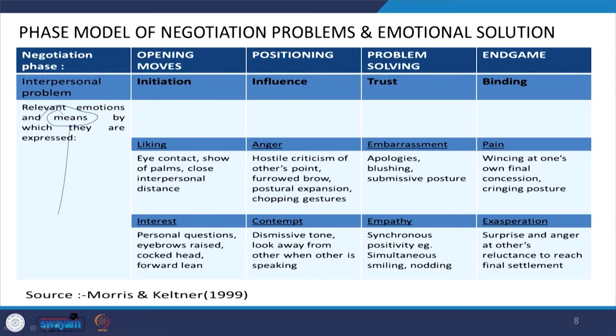But if you have hostile criticism of others, such as his academic background is not good, his social background is not good, his economic background is not good, then there will be the hostile criticism point. The initiation you have taken is the hostile point, with forward brow, posture expansion and chopping gestures, and as a result your initiation move is inviting anger.